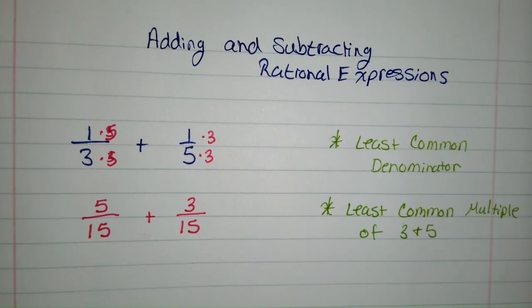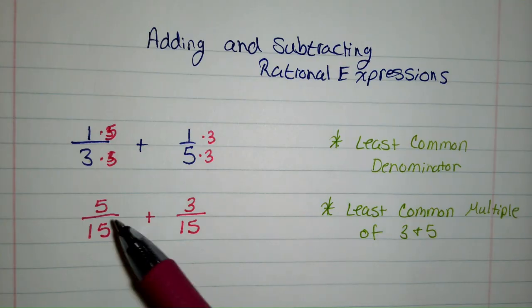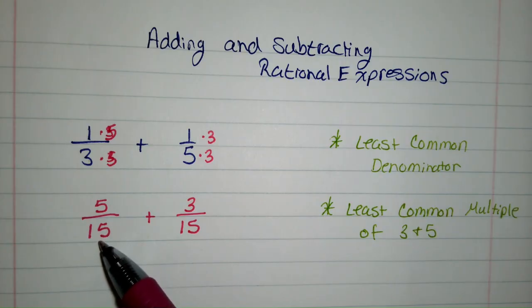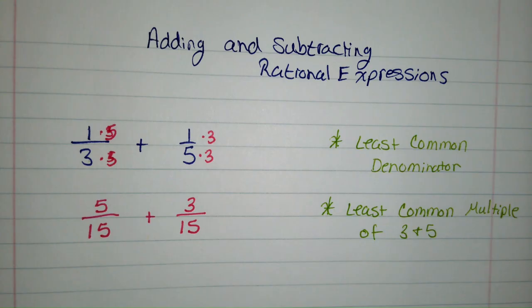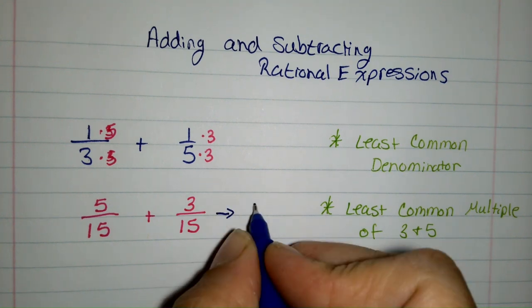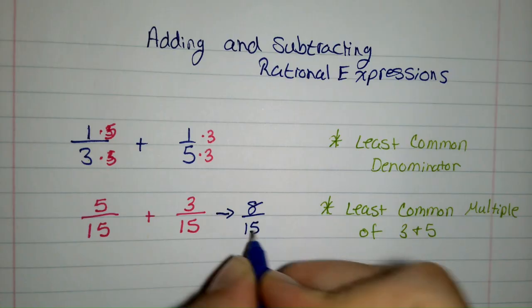Now that we've unreduced them and they have the same denominator, think about it. If you have 5/15 of a pizza here, and you have 3/15 of a pizza here, when you put them together and slide them onto the same tray, don't we now have 8 of the 15 slices, or 8/15? And that's absolutely how we're going to do that.